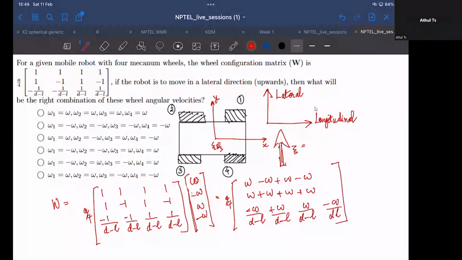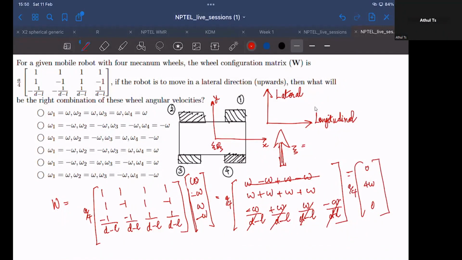So in the third case, the first row would be 0. The final row would also cancel out. Minus omega plus omega cancel out. We'll only end up with some 4 omega value and again a constant of multiplication.